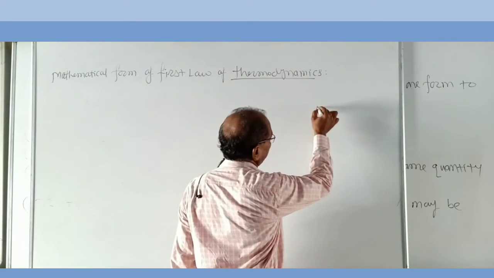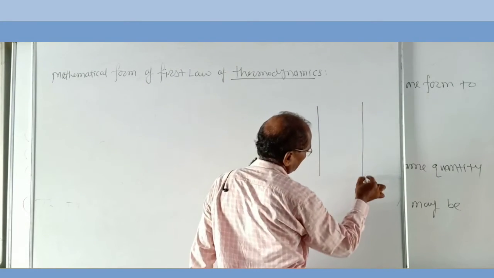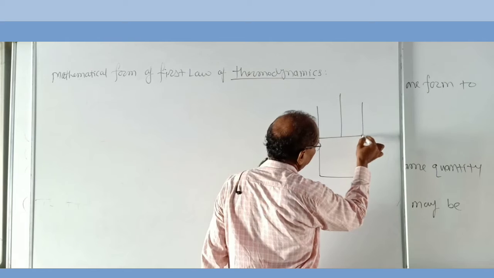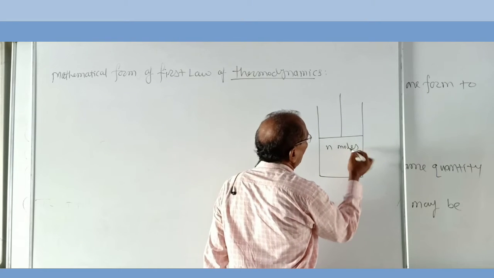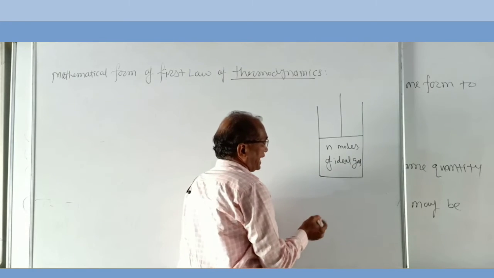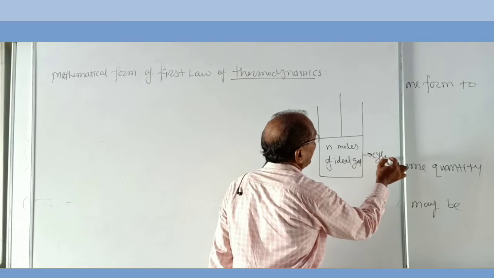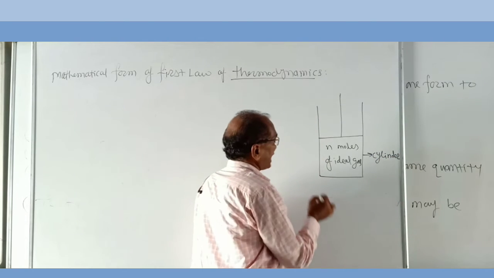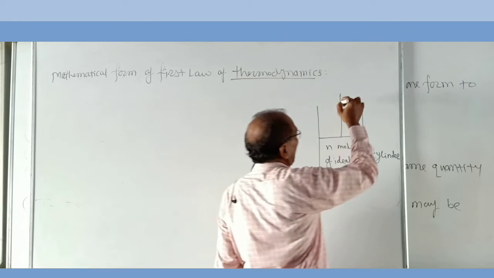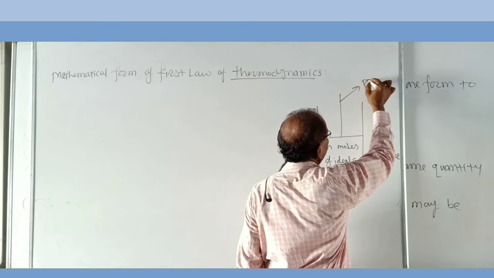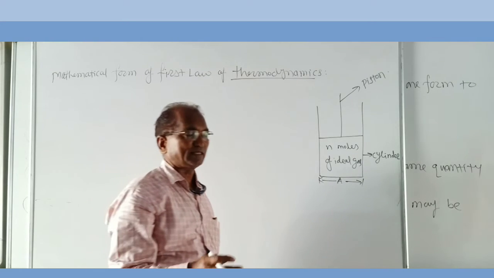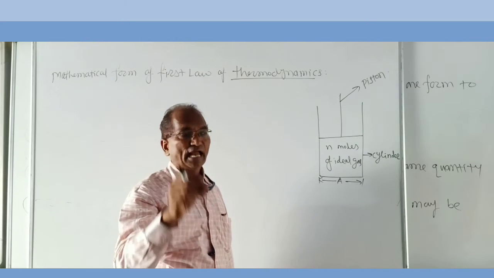Suppose we consider n moles of ideal gas enclosed in a cylinder having cross-sectional area A, and the cylinder is fitted with a weightless frictionless piston at constant temperature T and pressure P.